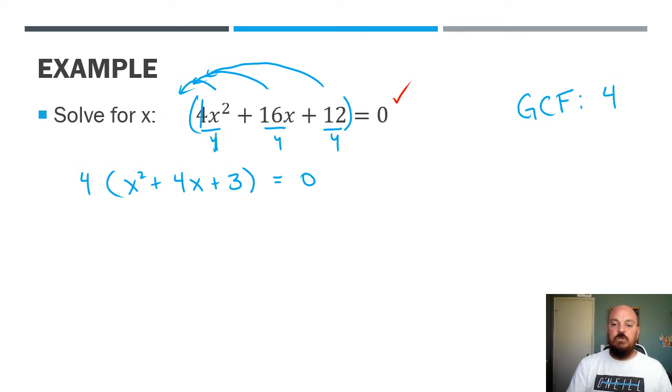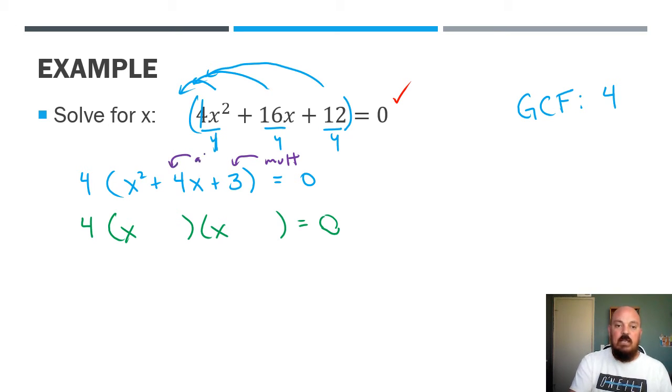So for step 2, let's see if we can factor that. Let's leave the 4 and try to factor this into 2 different what we call linear factors, which is like x plus some number or x minus some number. So for this part of the problem, I am looking for 2 numbers that multiply to positive 3 and add to positive 4.